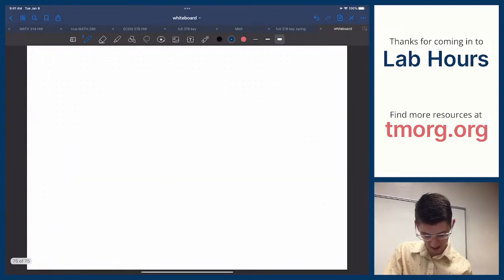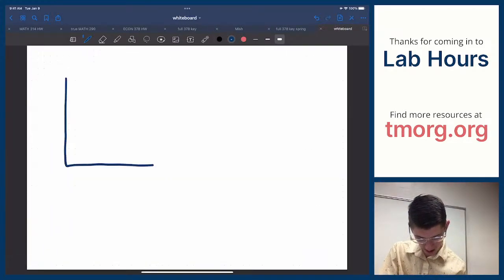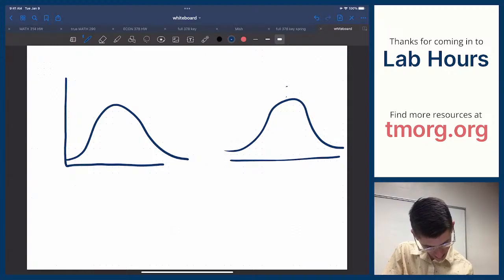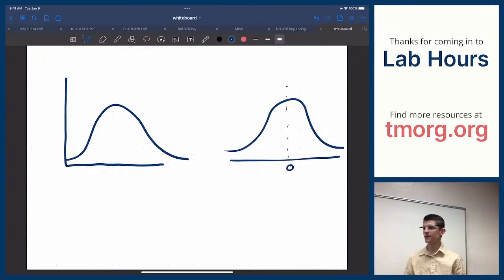Reason being, let me draw a graph that looks like this, and let me draw a graph that looks like this. We'll call that 0, right? That's a very symmetric graph right there. Where is the 50th percentile of each of these graphs?